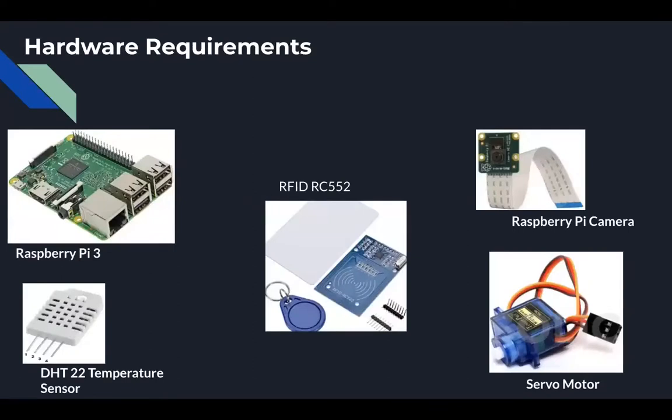These are the hardware requirements: Raspberry Pi, RFID to scan the ID and collect that information into the database, a Raspberry Pi camera so that we can detect the face mask, a DHT22 temperature sensor to detect body temperature, and a servo motor to simulate a door.